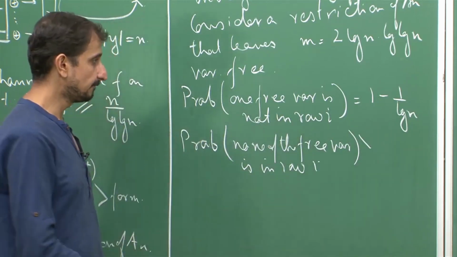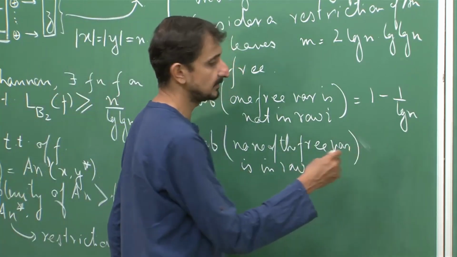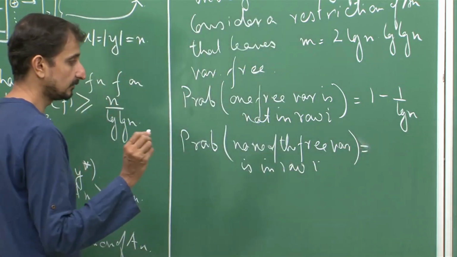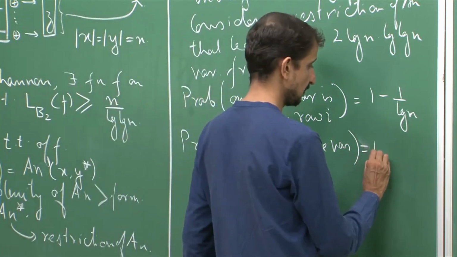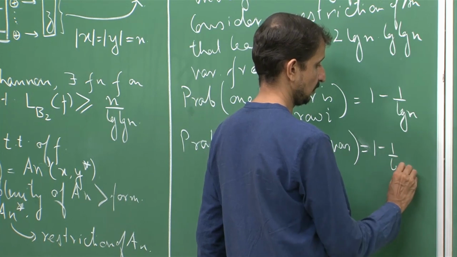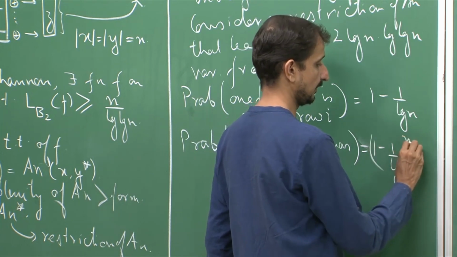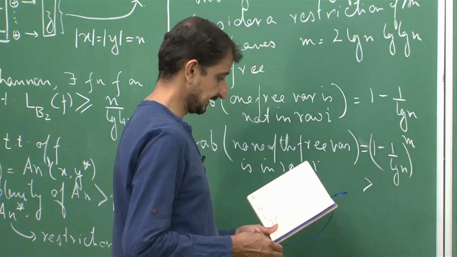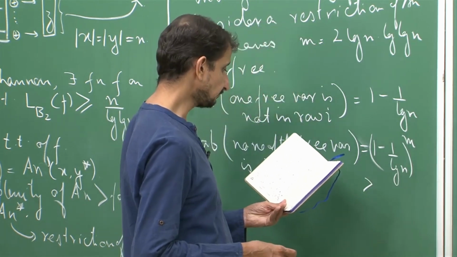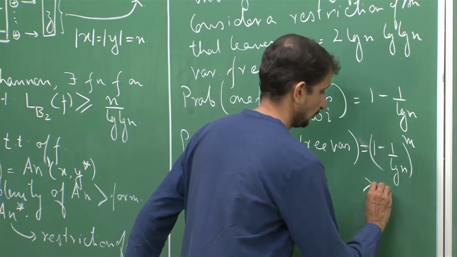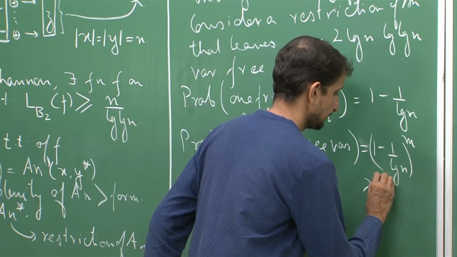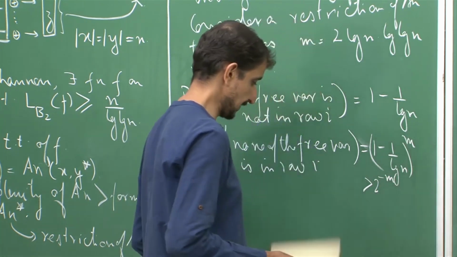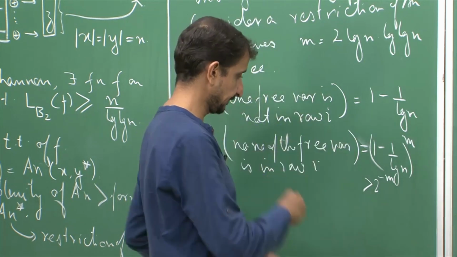For all the m free variables, chosen independently, the probability that none of them is in row i is (1 minus 1 over log n) to the power m, and this quantity can be shown to be greater than 2 raised to the power minus m by log n.